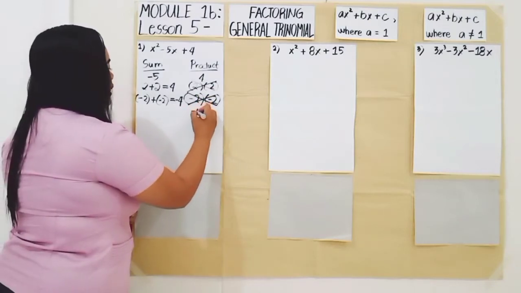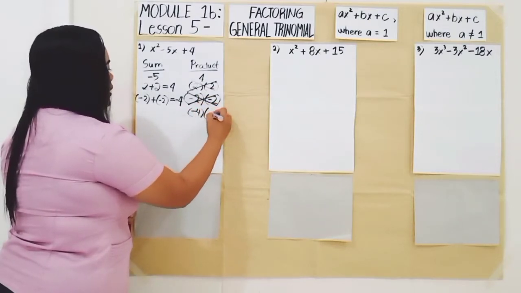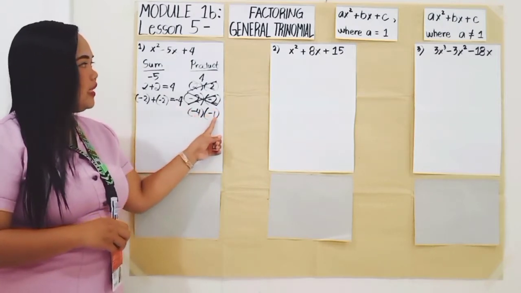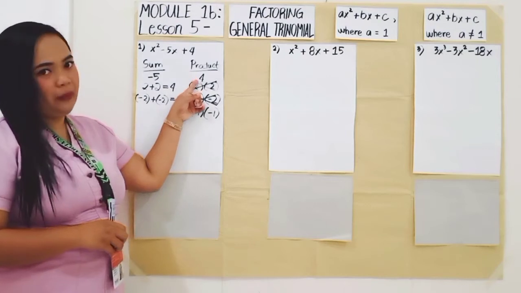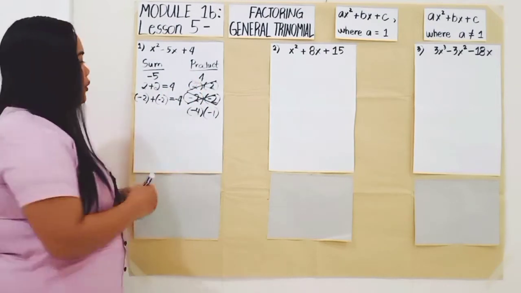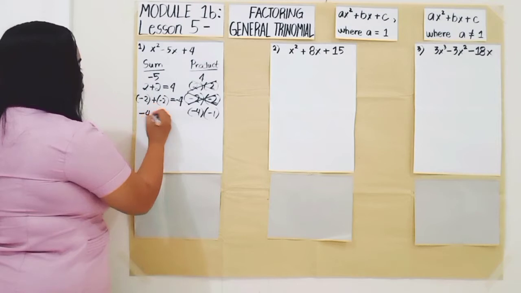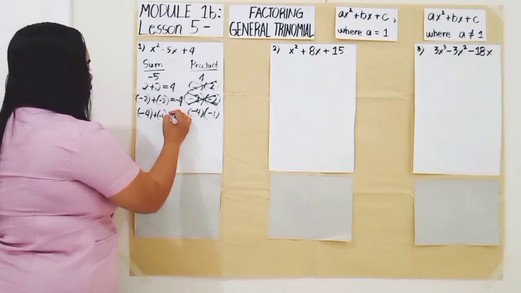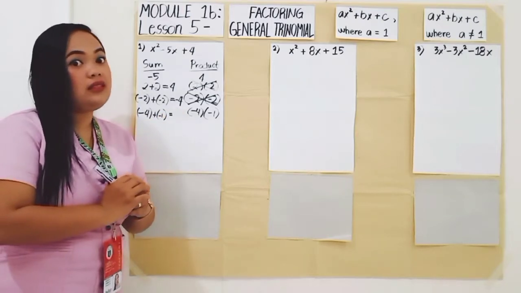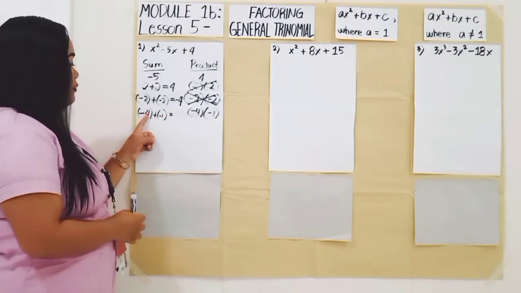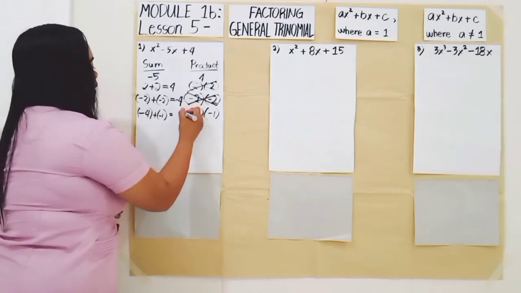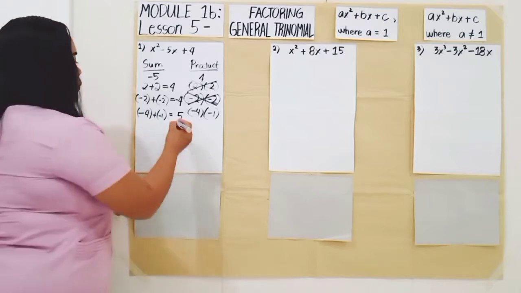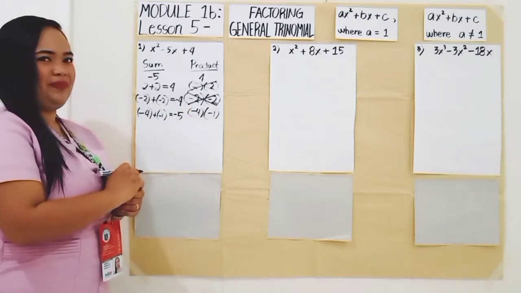Let's use negative 4 and negative 1. So negative 4 times negative 1 is positive 4. Now, if you are going to add the 2, negative 4 plus negative 1 is equal to 4 plus 1 is 5, and copy their common sign, which is negative.